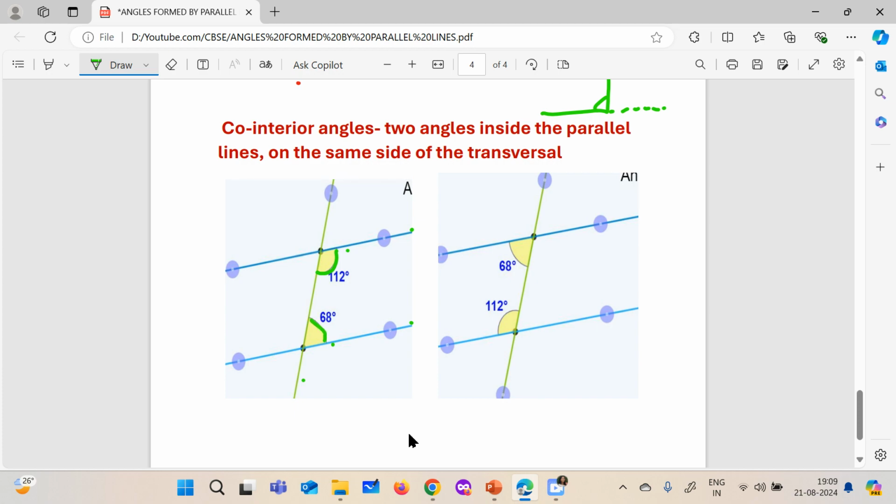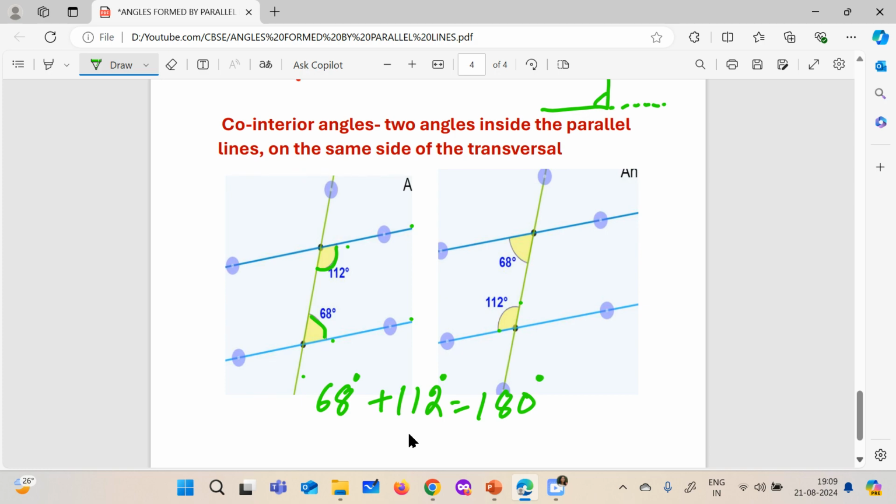When we look at this, here it is 68 degrees and here you have 112 degrees, right? Now you must understand that the sum of co-interior angles is always 180 degrees, right? See, the sum of co-interior angles is always 180 degrees. So this is an important point to remember.